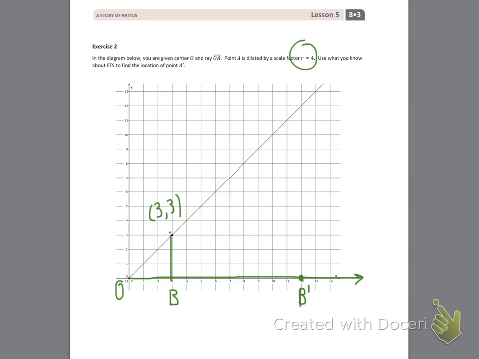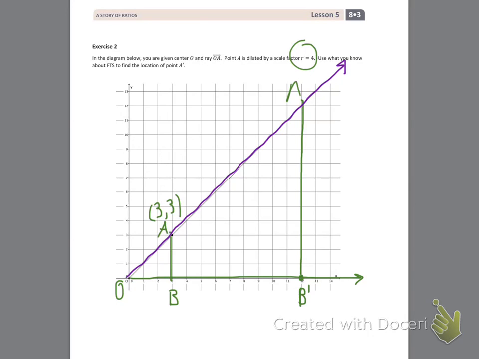So once again, if this is point A right here, the segments AB and A prime B prime have to be parallel to be part of a dilation. So I can just draw the parallel line, and where it crosses this ray that contains O and A, I'll make it purple, this one coming up here, where those two cross is where A prime is going to be found.